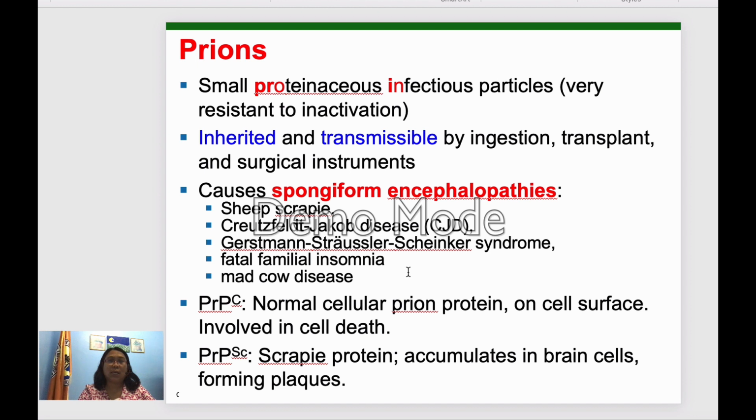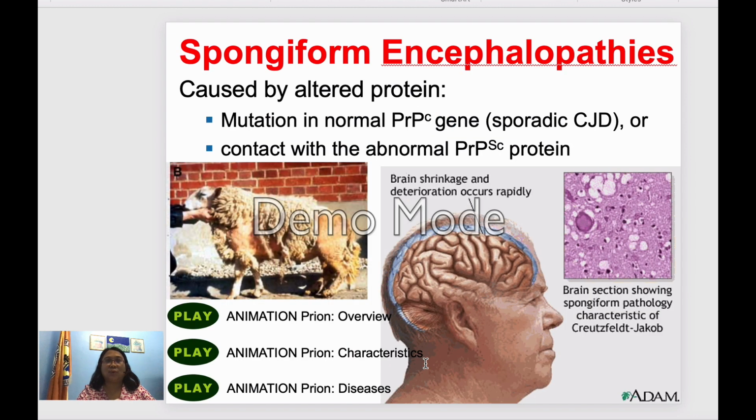And of course, in animals, you have mad cow disease and scrapie in sheep. Normally we have a normal cellular prion protein on the cell surface, which is involved in cell death. However, in prion disease, it is transformed into a scrapie protein that accumulates in the brain, forms plaques, and transforms the brain into a spongy form.